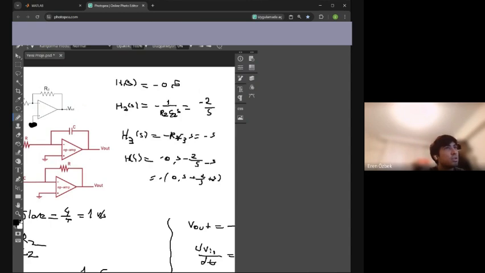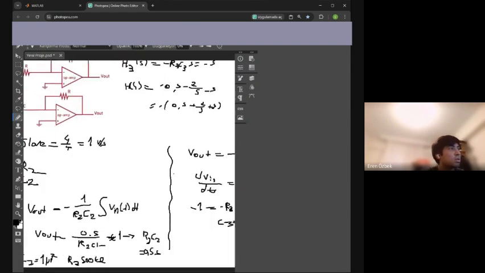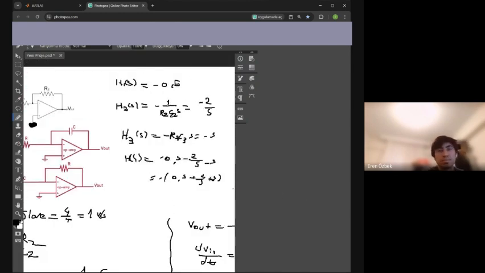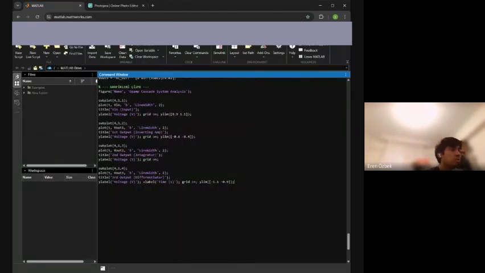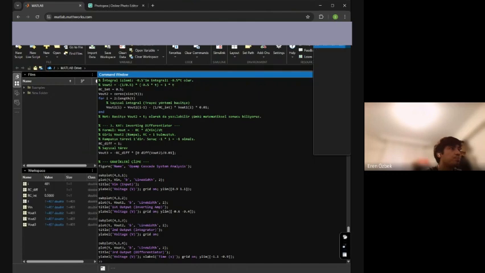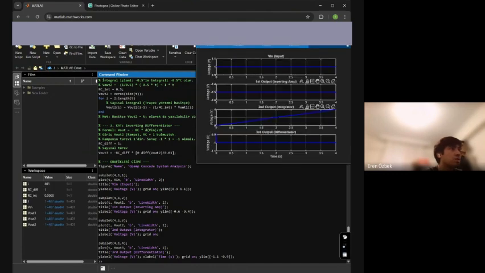KP represents present error, KI over S is the integral gain, accumulating past error and steady state error, and KD S is predictive behavior that reduces overshoot. That's all. If we run this code, we get this graph.